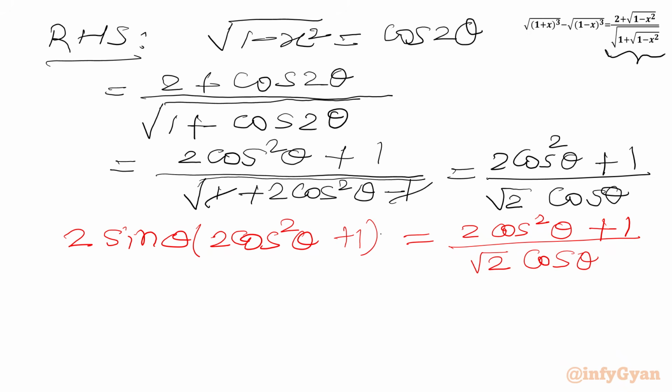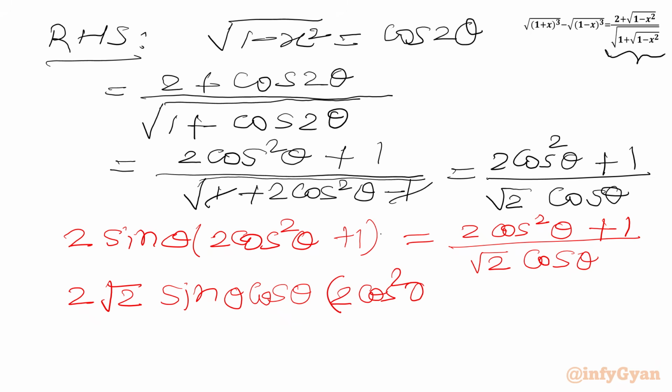Now we will cross multiply and write all the terms to one side. So we can write our equation: 2 root 2 sin theta cos theta, then in the bracket we have 2 cos square theta plus 1, minus 2 cos square theta plus 1 equal to 0.